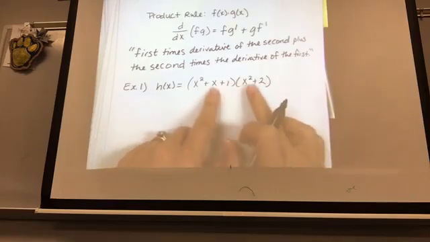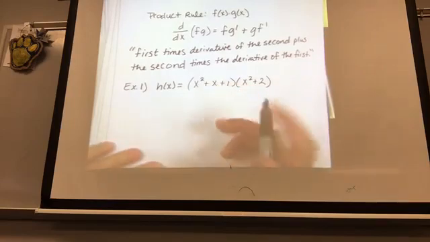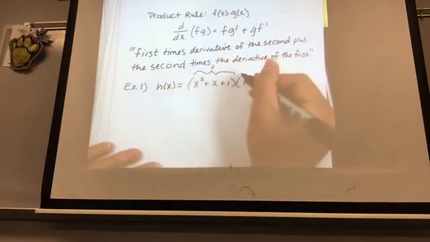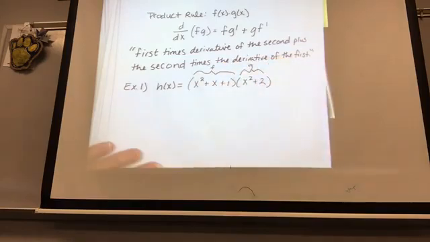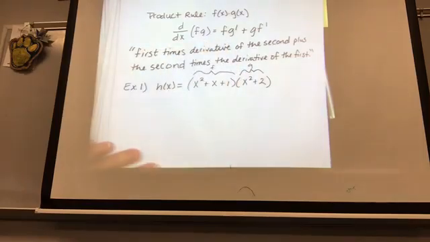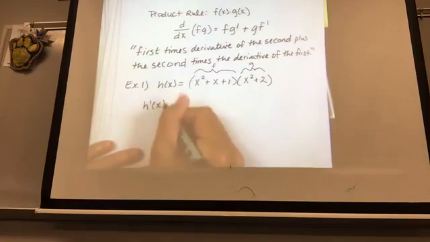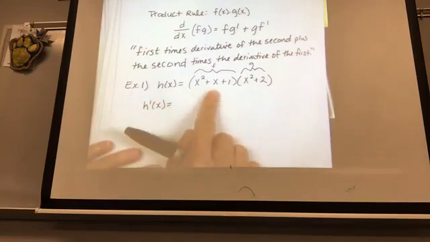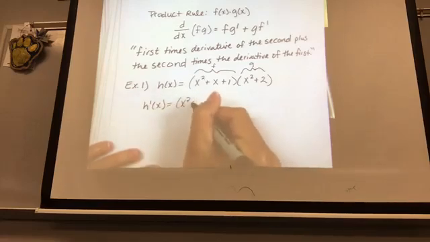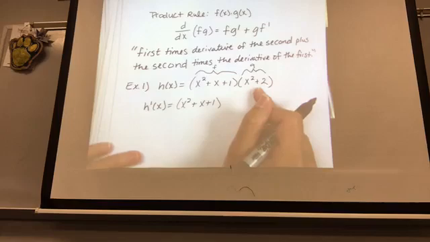So yes, I could go through and multiply this together and use the power rule, or I can just consider this to be the first f and this to be the second g and find the derivative using my product rule. So that will give us h prime of x equal to the first, so I'm just going to rewrite it, x squared plus x plus 1 times the derivative of the second.